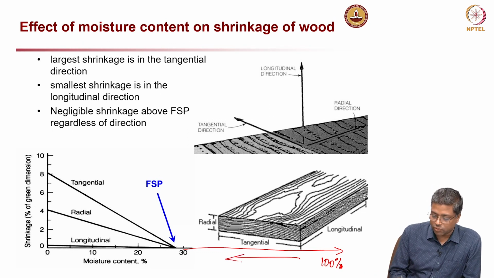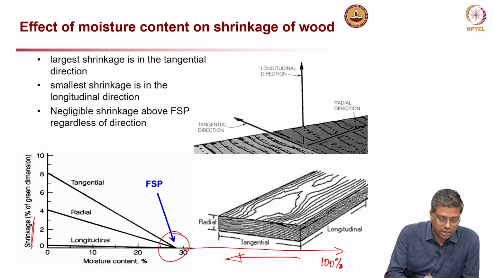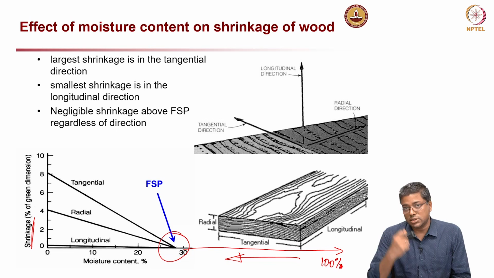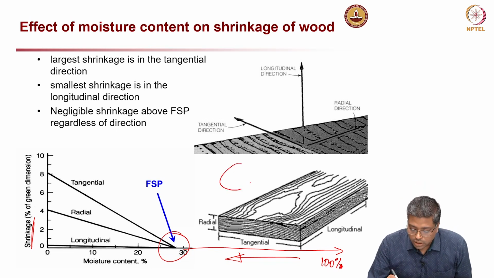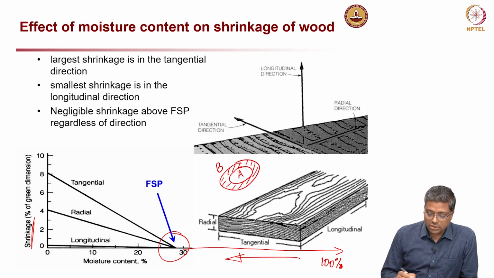This is how we start drying the wood. Up to about 20 to 30%, that is this region here, there is no change in the shrinkage property, because the water from the cell cavity is being evaporated. This is what I drew earlier: this is the B region and this is the A region.